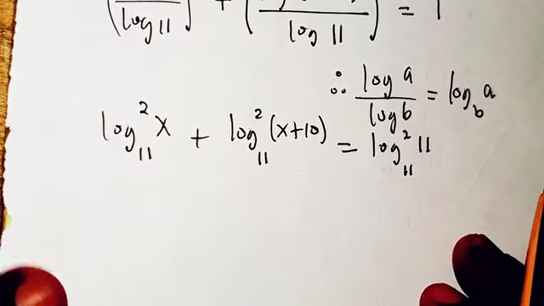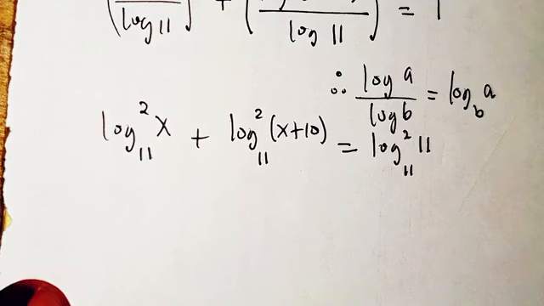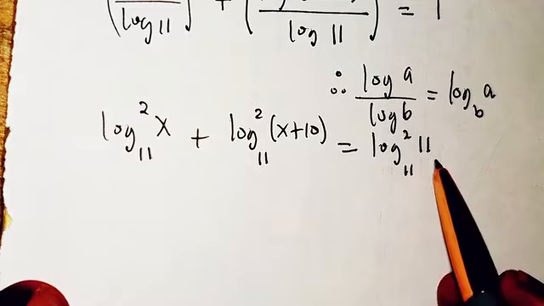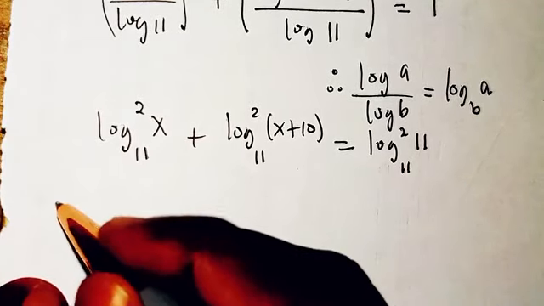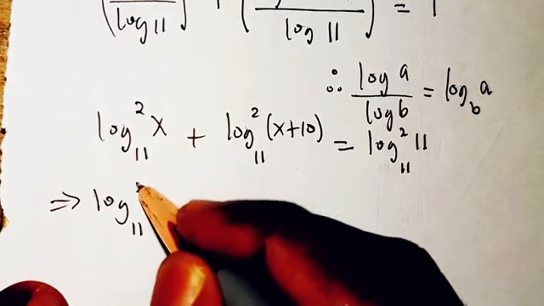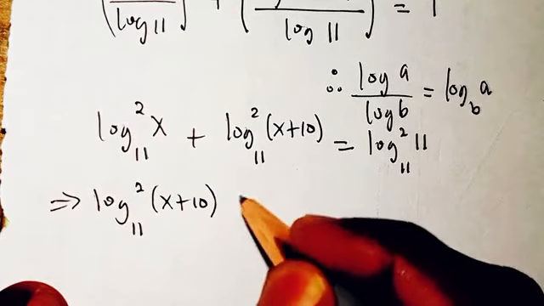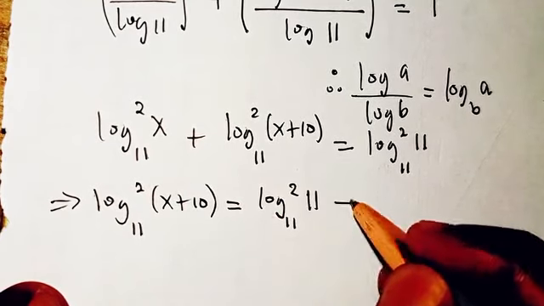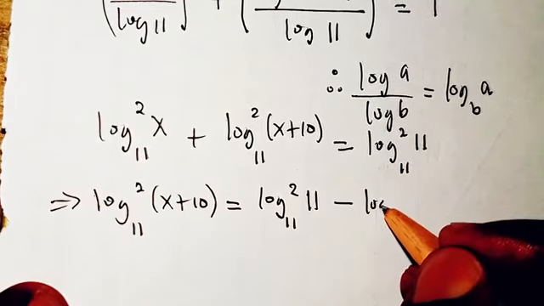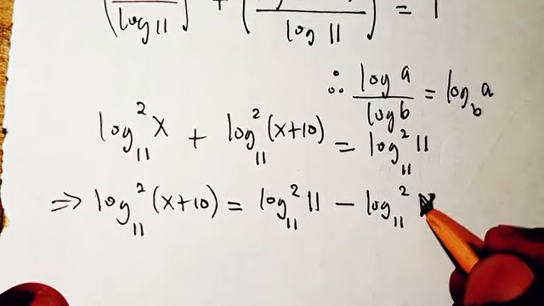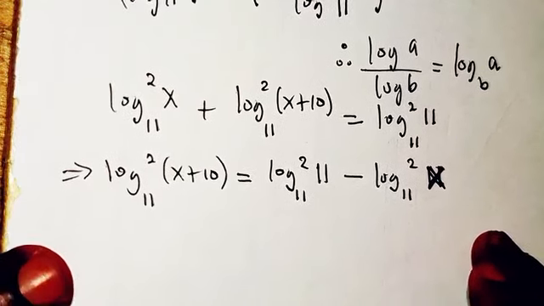So we move on. The next thing we are going to do is take this to this side. That is, log base 11 of (x plus 10) to the power of 2 is going to be log base 11 of 11 minus, I will take this to this side, log base 11 of x.